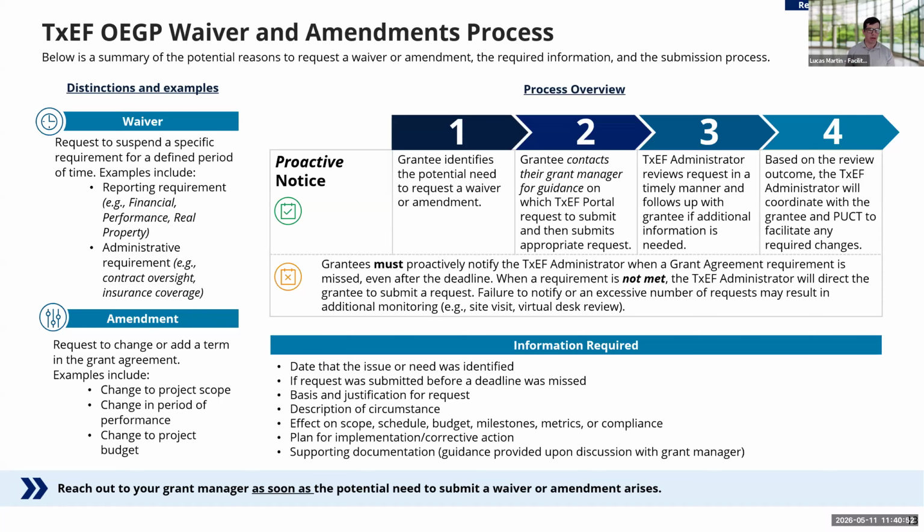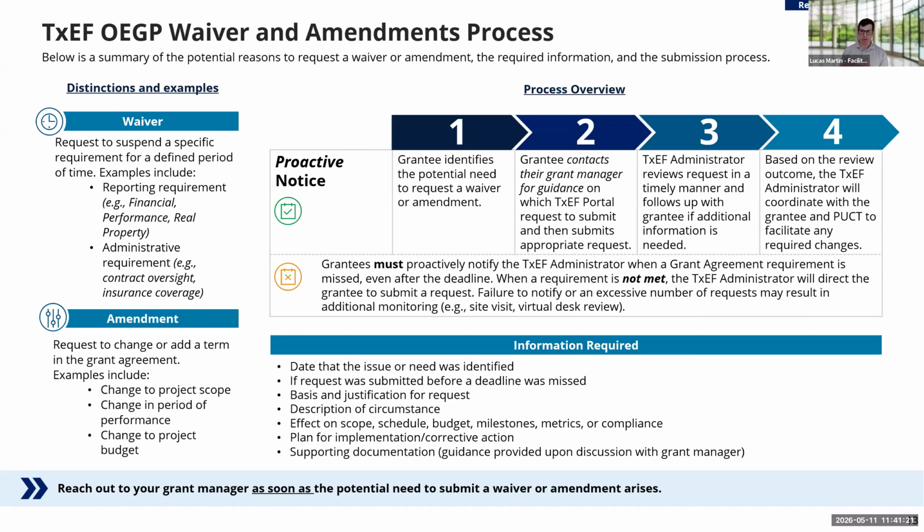It wouldn't necessarily warrant a waiver for the life of the grant or so forth, but those would be escalated or brought into the amendment process, where an amendment is a request to change or add a term within your grant agreement. This could be a project scope change, a change in period of performance, or a project budget.